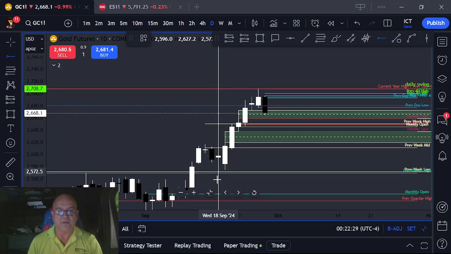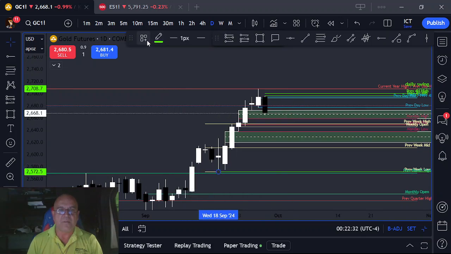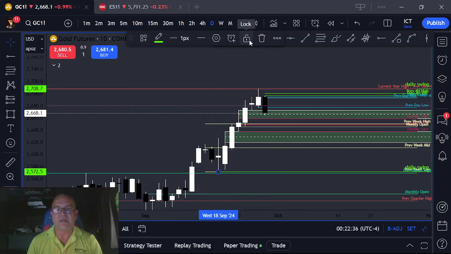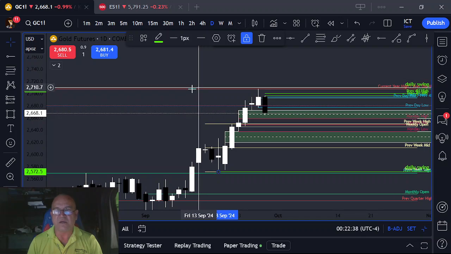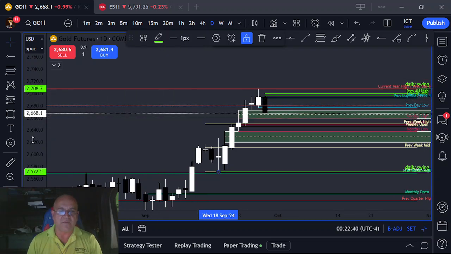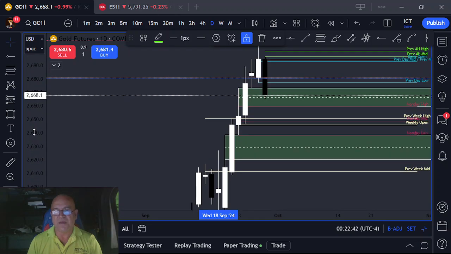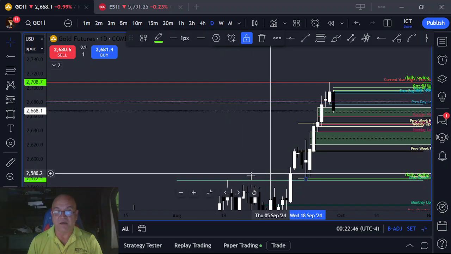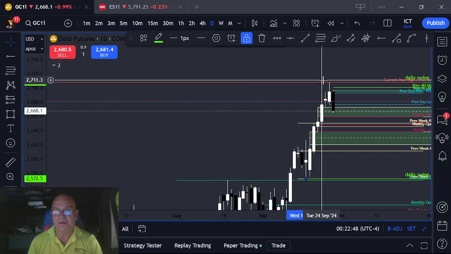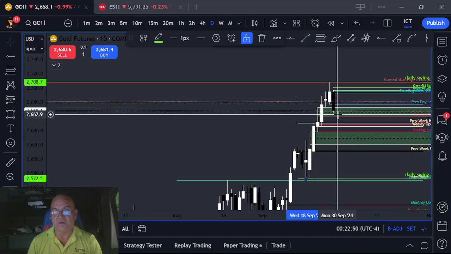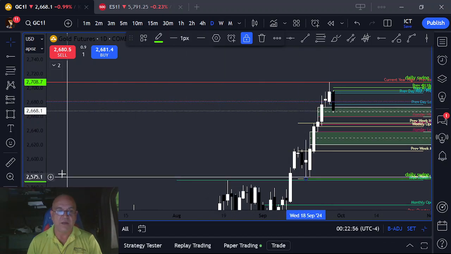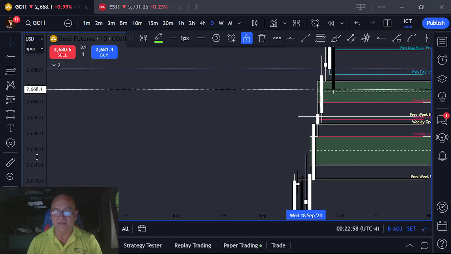But we are going to mark it out as a daily so that we see it on the daily when we come in and take a look, right? All right, that's all we need on the daily. We've taken our external liquidity and looks like we've started a pullback into internal liquidity, whether that's this one or this one. I am not sure.